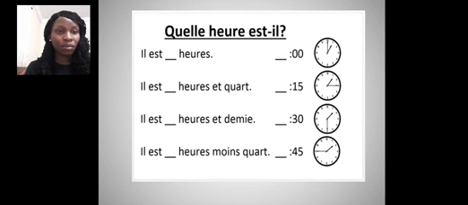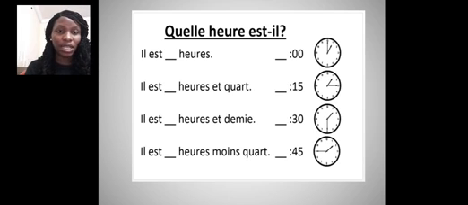You're going to tell me what it is, and you write it in the dash, where you have this first dash in the sentences, and in the last one where you have dash, then 00. If it's 7 o'clock, if it's 8 o'clock, you tell me. Il est dash heure. So you look at this first diagram and tell me what it is, then you write it in the dash.